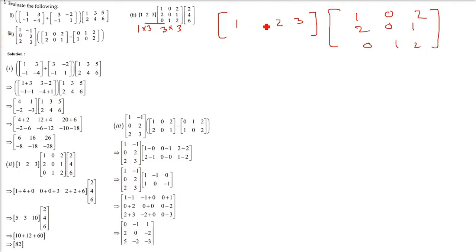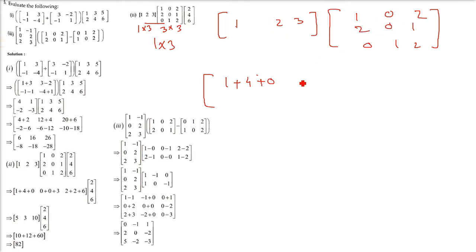This row with this column. So 1 into 1, 2 into 2, and 3 into 0. The first row with first column. Then the same row with the second column. So 1 into 0, because the result will be 1 by 3, and there will be only 1 row and 3 columns.